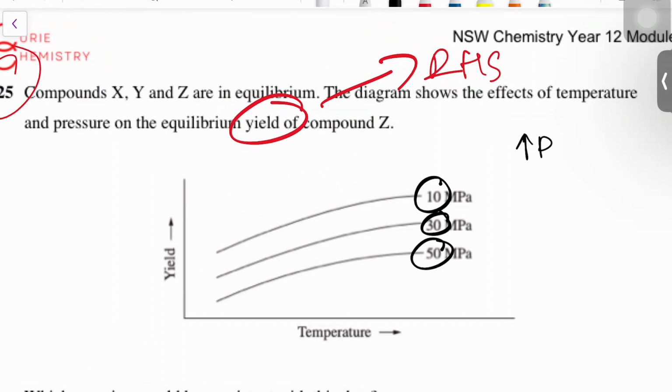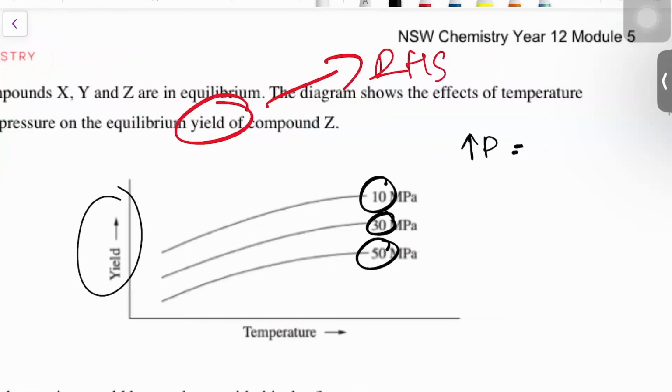MPa is megapascals, which is 10 to the power of 6 pascals, because kilopascals is 1,000, so megapascals is 1,000 times 1,000. As you increase the pressure, the curve is going down, and because yield is on the y-axis, the curve is getting lower, which means that you're decreasing your yield.